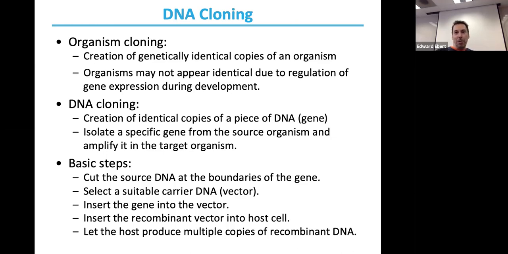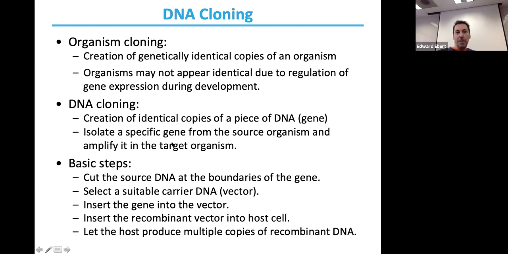If we were trying to make a vaccine, we might want pieces of a particular DNA to say, if you see this DNA or this RNA or this protein in there, that's bad, so attack that. Or we may want to overexpress something that can be used as medication. So for DNA cloning, we usually isolate a specific gene from our source organism, and we amplify it in the target organism. We'll see this when we use bacteria to grow up and overexpress particular genes.